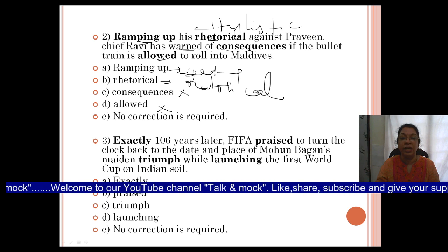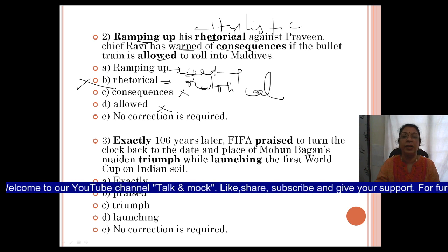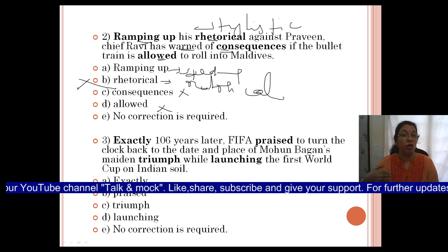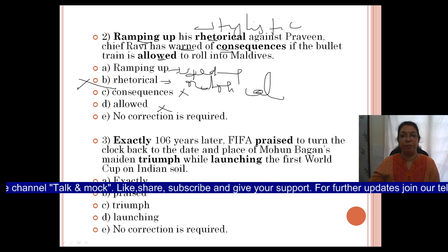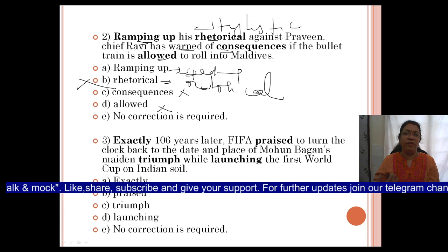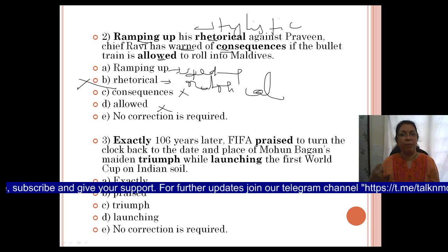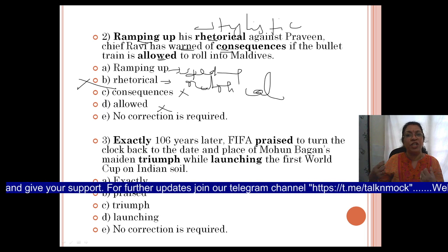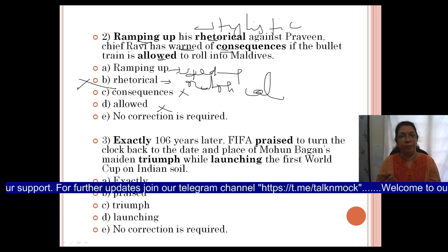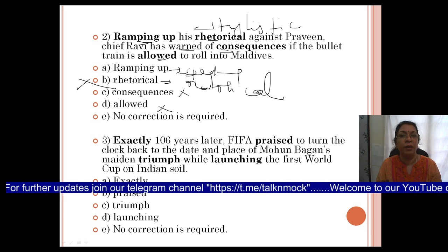Instead of oratorical, they have used rhetorical. That is the error. Ramping up is oratorical against Praveen. This must be some speech given by the party leaders.